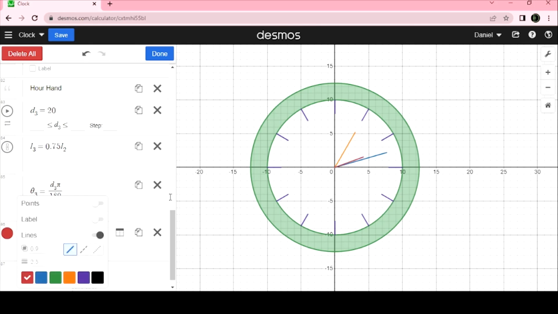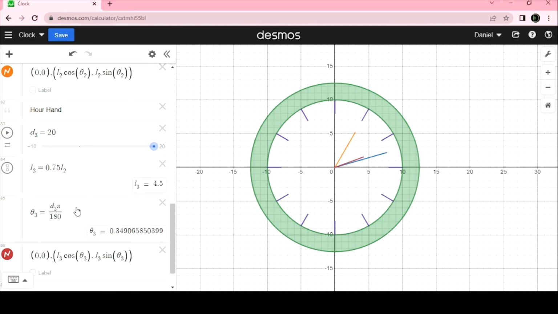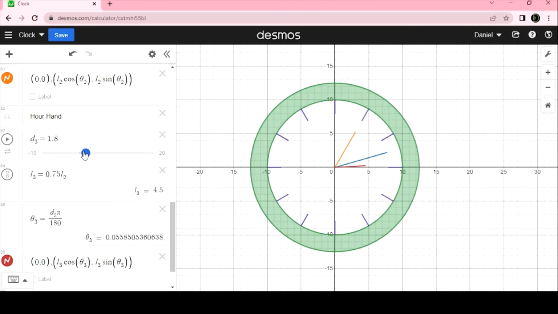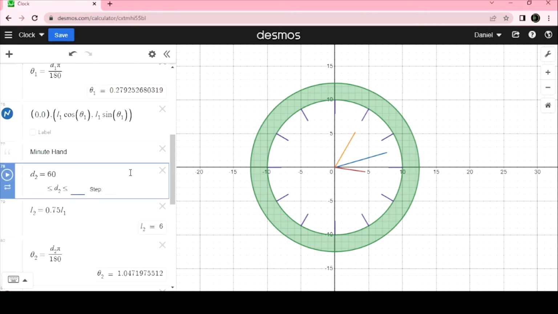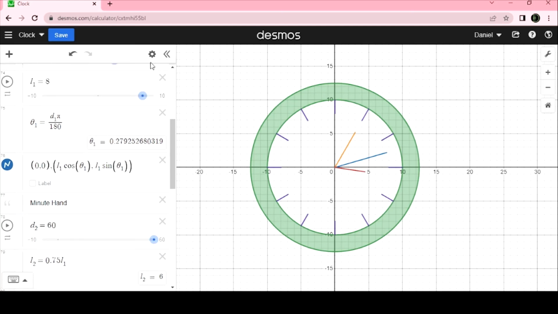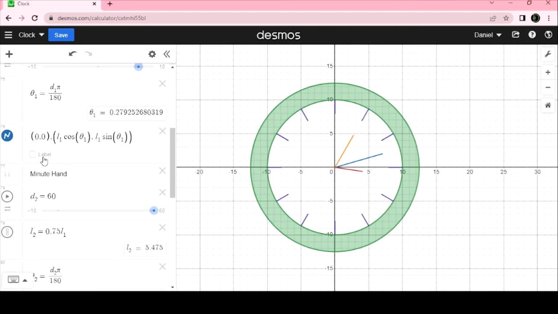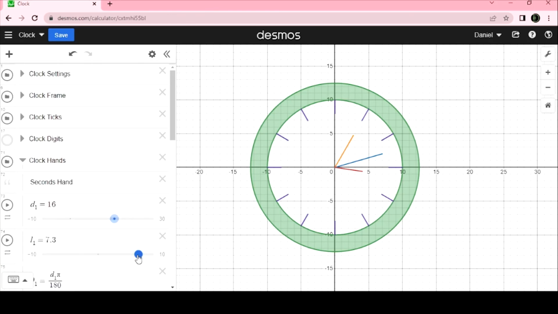Points off, lines on. Now you can adjust these values as you would like. All right, so have fun with that. You can adjust the length if you want, and you can see that because I made L2 and L3 depend on L1, scaling one of the lines will scale the two with it.